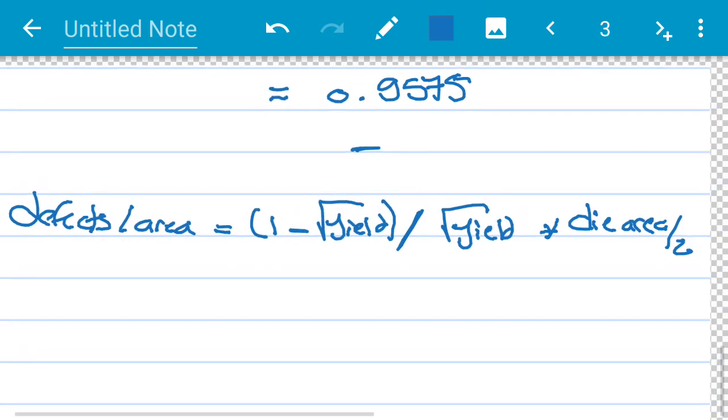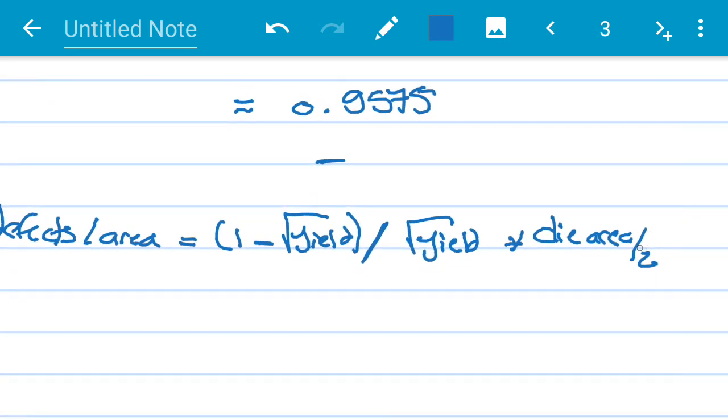We just reformulated the equation to be defects per area.